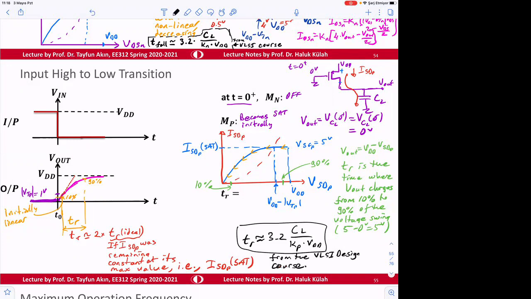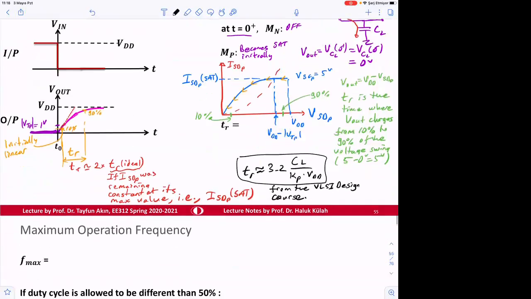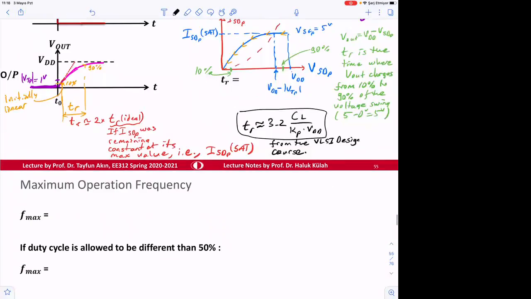So if Kn is equal to Kp, then rise time will be equal to fall time.